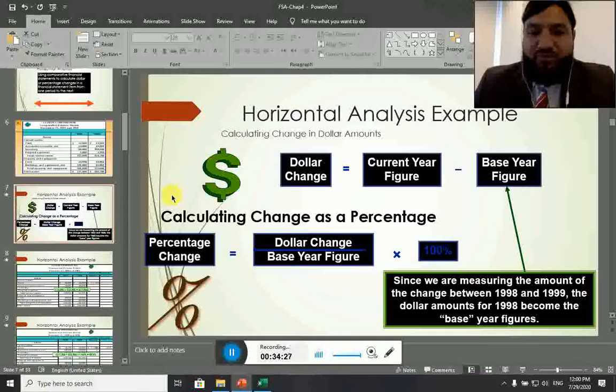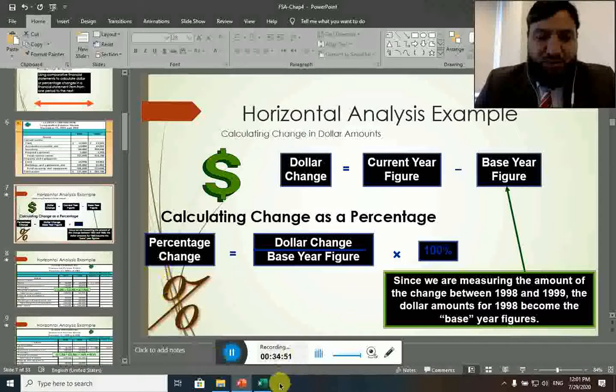And if you want to find out the percentage change, then you have to divide the dollar change by the base year figure and multiply by 100, right? So let me show you how this takes place. Let me show you in Excel.